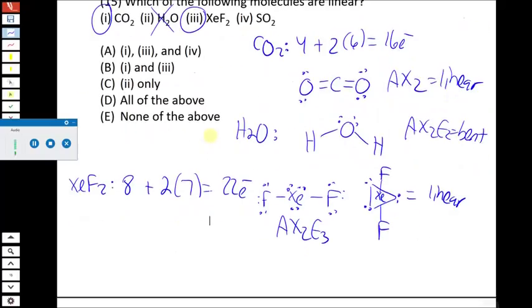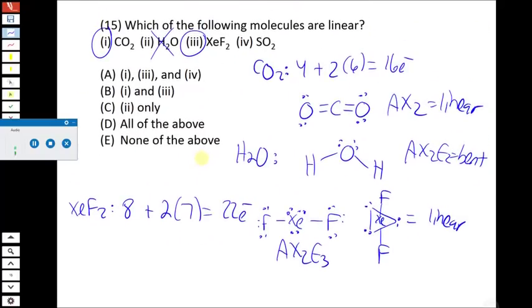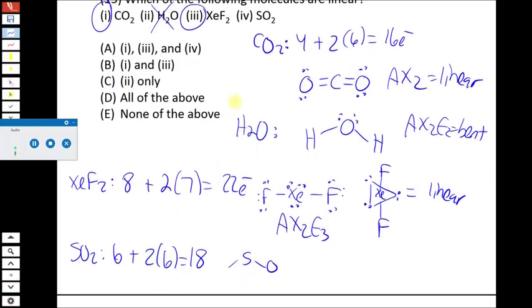And then finally, we have to look at SO2. These are all group 6 elements, so we have 6 valence electrons from sulfur, 2 times 6 from oxygen, a total of 18. And when we do the Lewis structure for SO2, we complete the octets on oxygen to use 16 of our electrons.